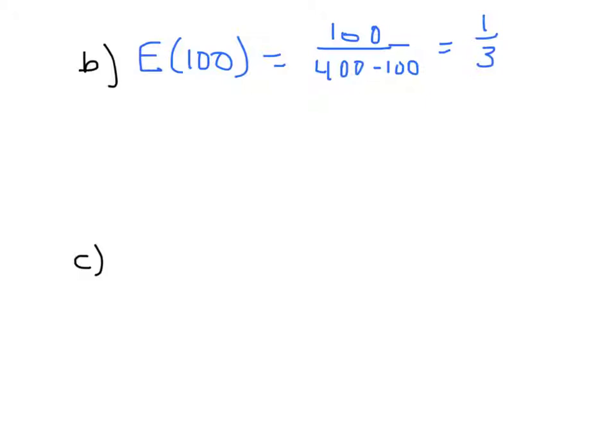And we're supposed to interpret that result. What does an elasticity of 1/3 mean? Well, 1/3 is less than 1, right? And so that means this is inelastic. And that tells us that a 1% increase in price will cause approximately a 0.33% decrease in quantity demanded, right? Because our derivative was negative 50.